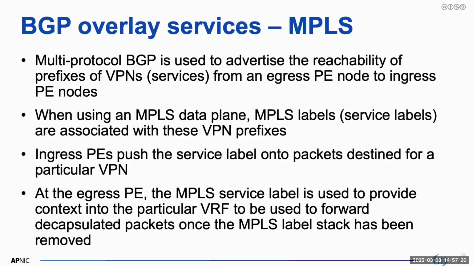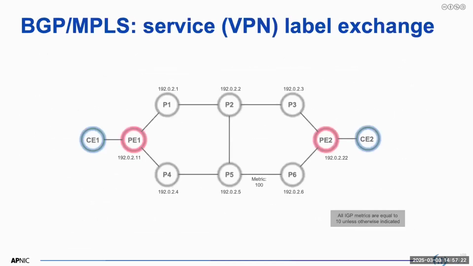So let's see how the labels are exchanged for a VPN service. When we have CE2 attached to PE2, PE2 receives the routing information from CE2. It then provides a VPN label, VPN-X in this case, which is the name of the VPN, and the label is 124.